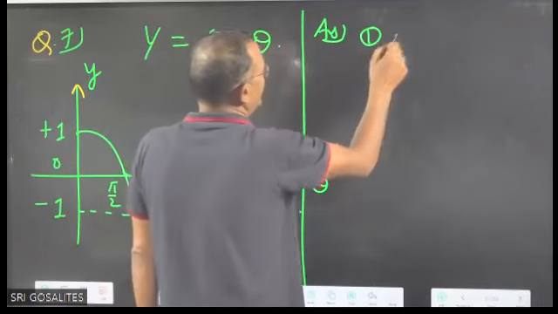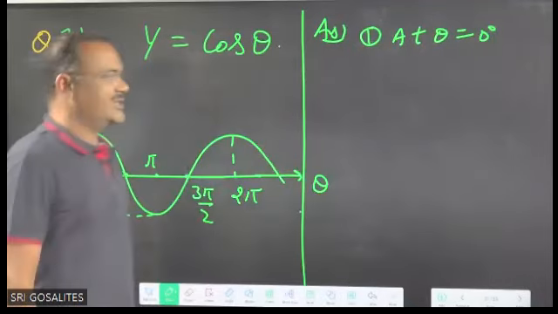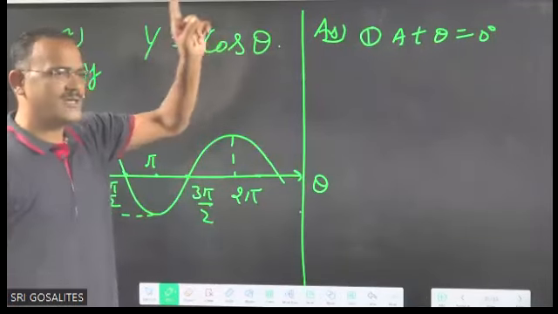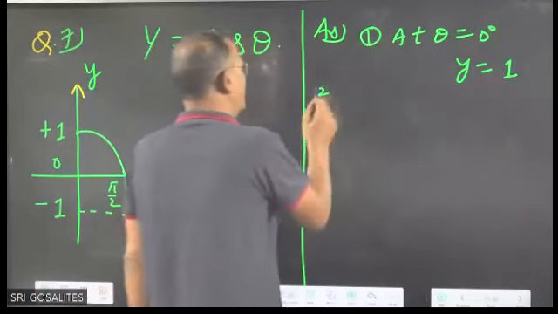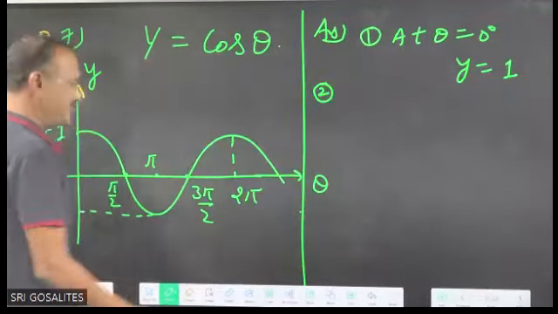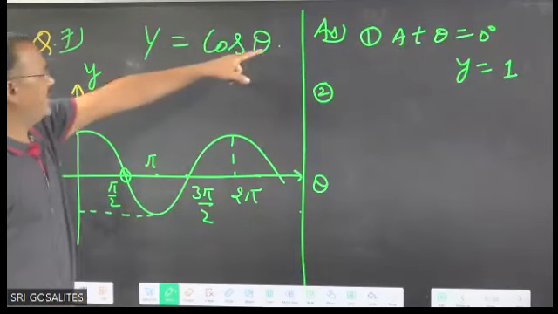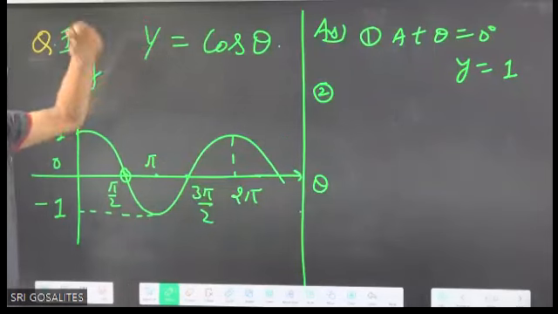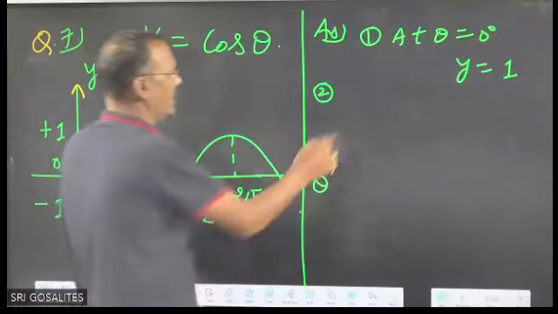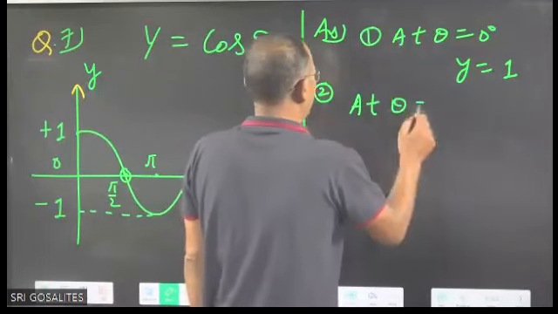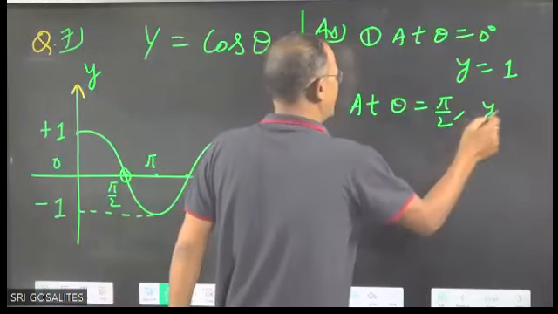At theta equals 0, cos 0 is 1, so y is 1. Number 2: at theta pi by 2, cos 90 is 0.